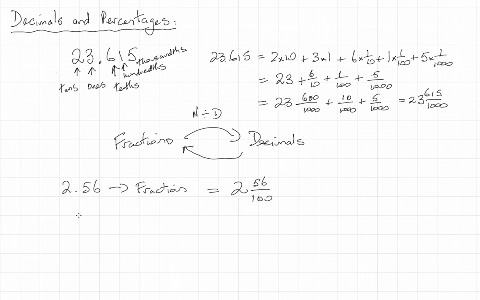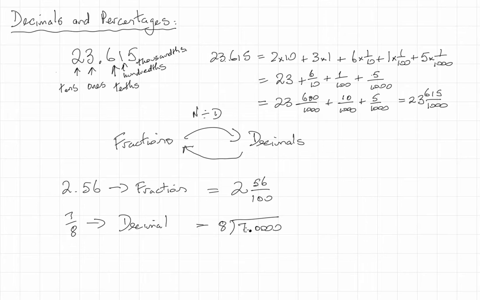If we've got a fraction, so 7 over 8, and we want to make that into a decimal, we just rely on a little bit of short division here. We want to divide the 8 into 7, and 8 into 7 won't go. Now we put a decimal there, we can put as many zeros after that and it won't change the value.